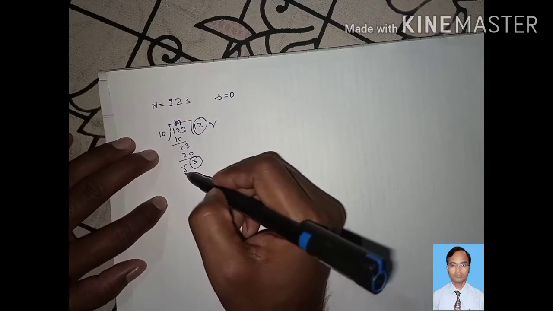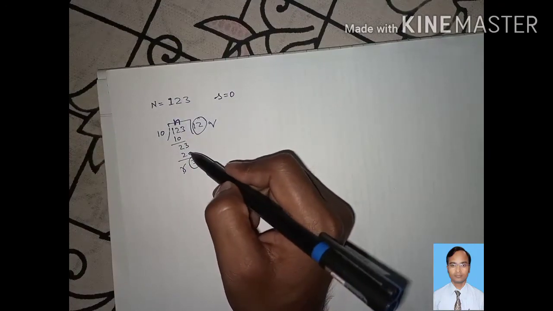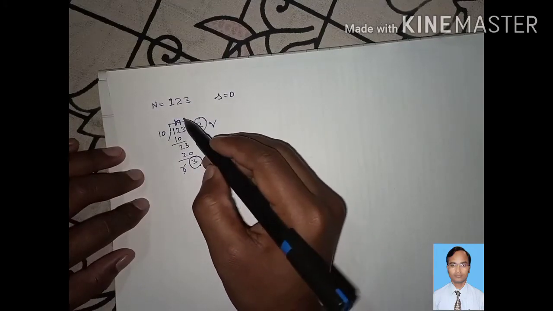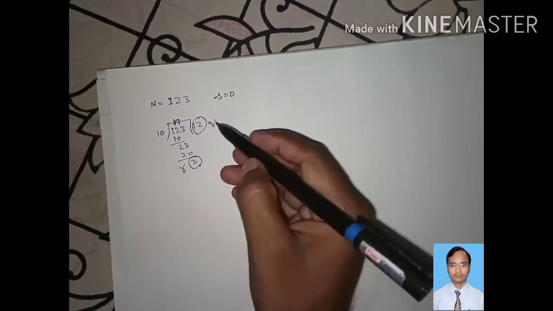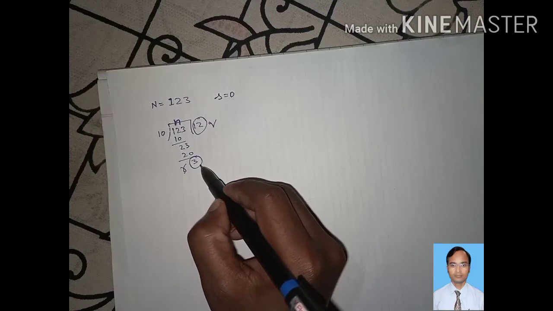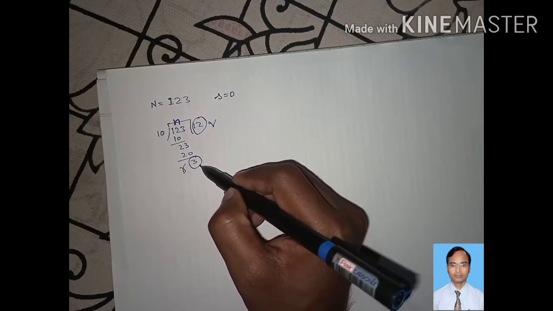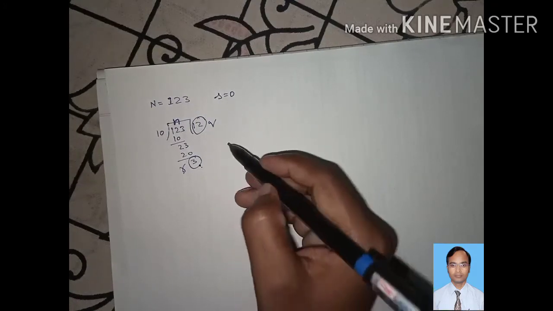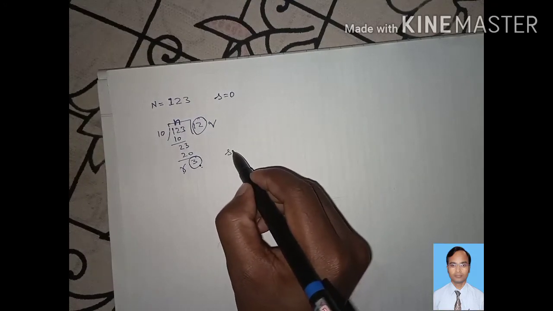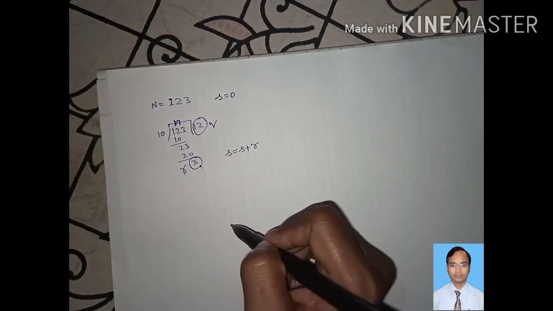If I use the mod sign, then we can easily separate the last digit. The 3 will be separated. Suppose I use this remainder 3 with this sum. How? s is equal to s plus r.